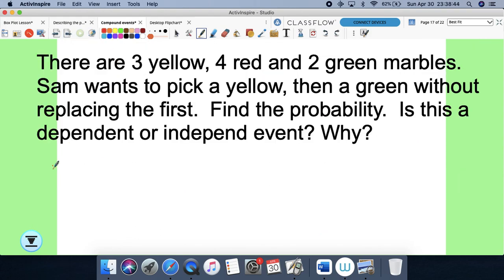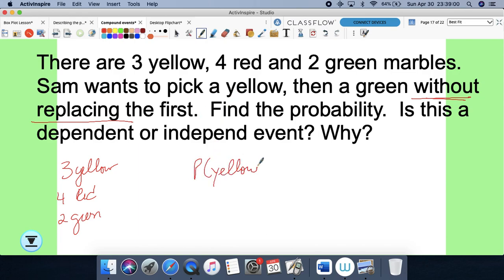3 yellow, 4 red, 2 green. So without replacing, so we're not putting it back. She wants to pick a yellow, then a green. What's the probability of getting a yellow? Well, the probability of getting a yellow is 3 out of 9.